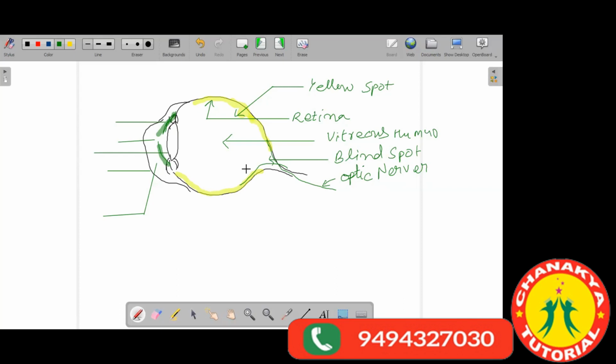Okay. So the retina mainly consists of two types of cells, the rod cells and the cone cells. The names rod cell and cone cell are given on the basis of the shape of the cells which are present. Our retina consists of rod cells and cone cells.